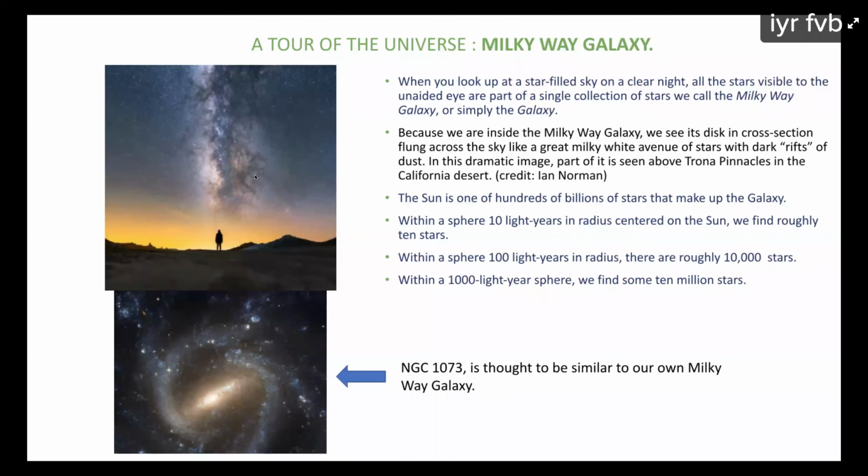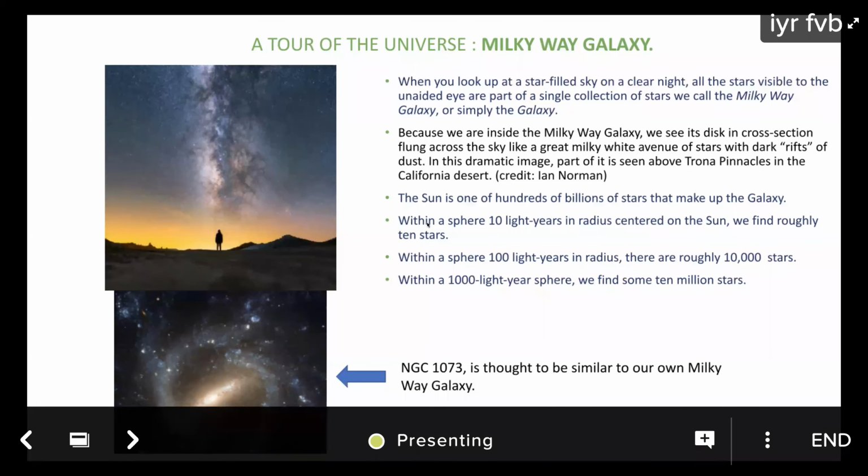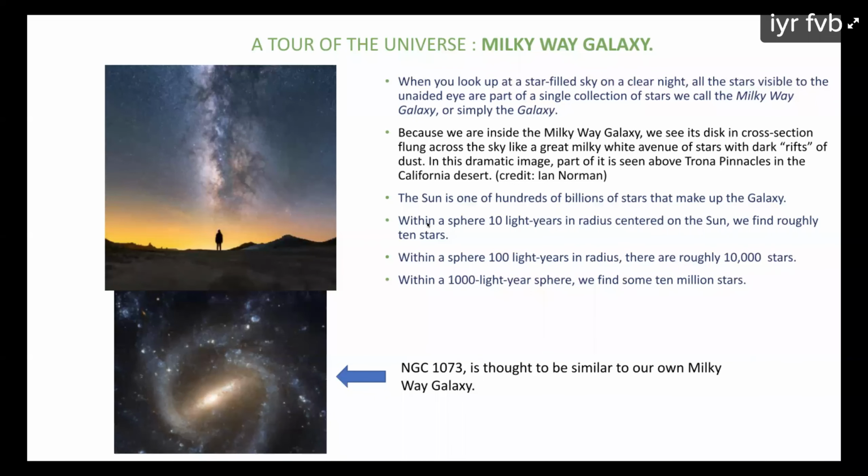Now, just to make it a little bit clear, think about a sphere of 10 light years in radius centered on the sun. Let's assume that you are at the center, which means you are on the sun. If you look at a 10 light year sphere from the sun, you will find roughly around 10 stars.